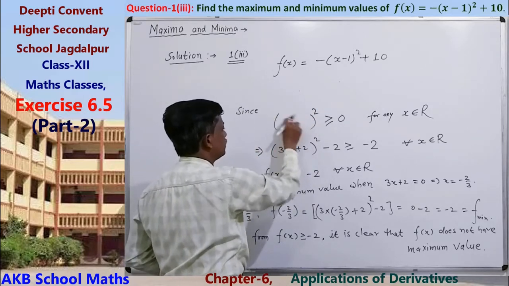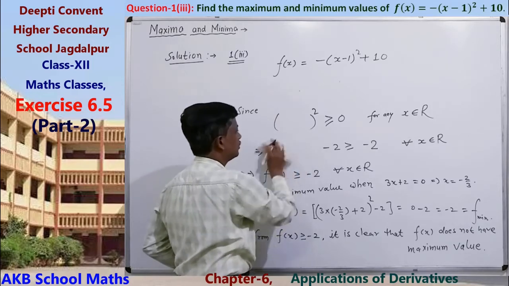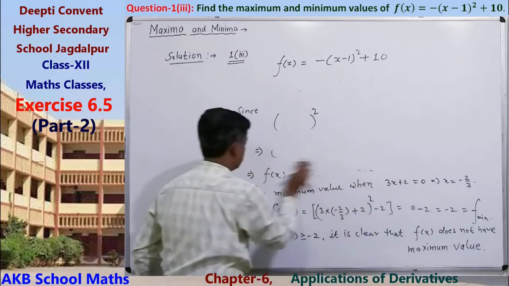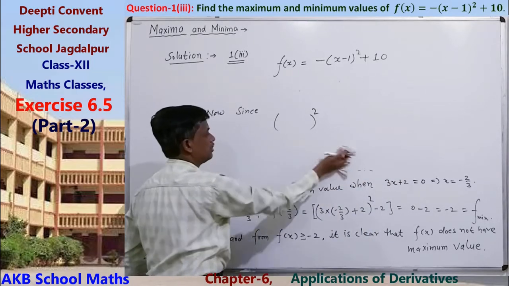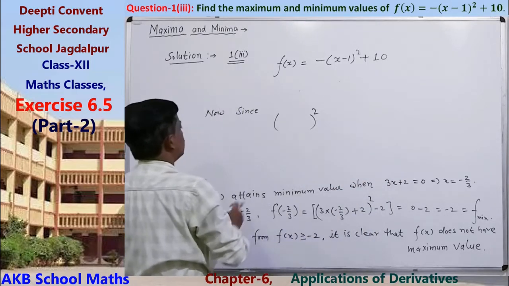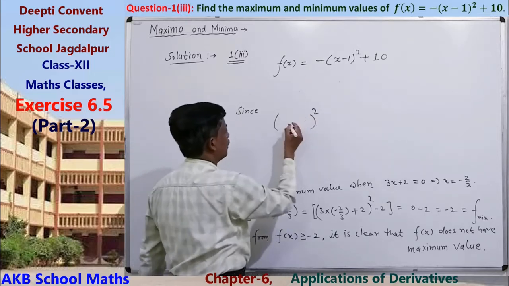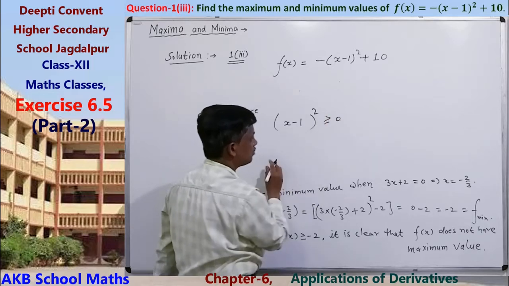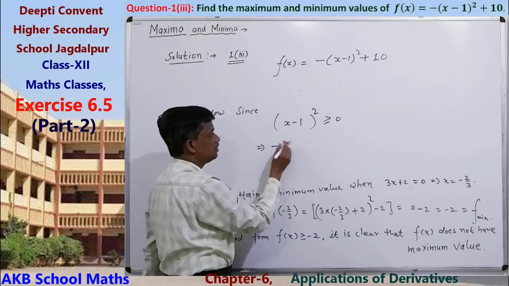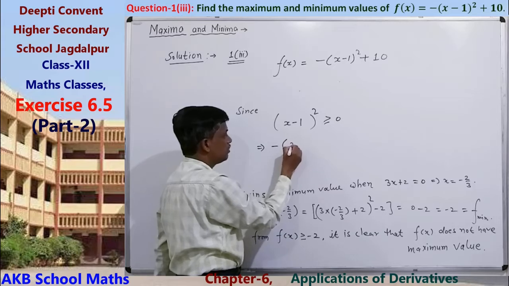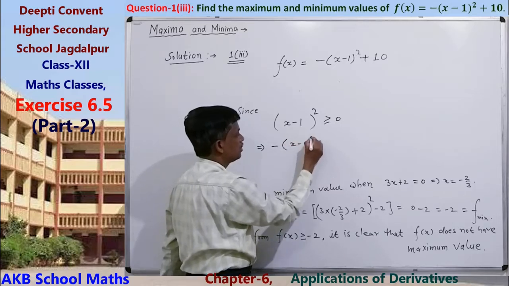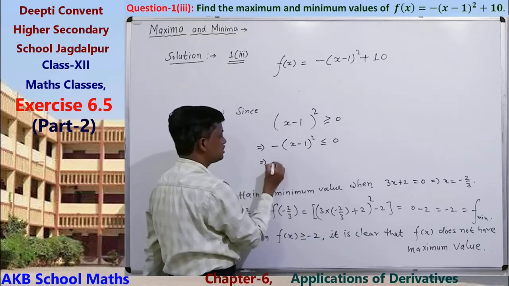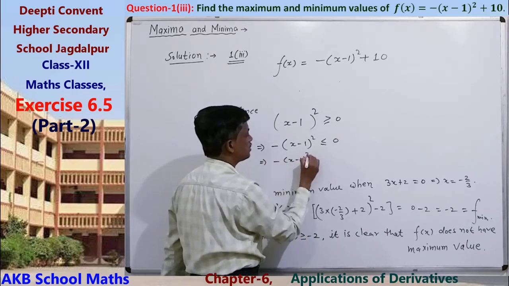For solving it, since (x minus 1) square is always greater than or equal to 0, taking the minus sign, minus (x minus 1) square is less than or equal to 0.